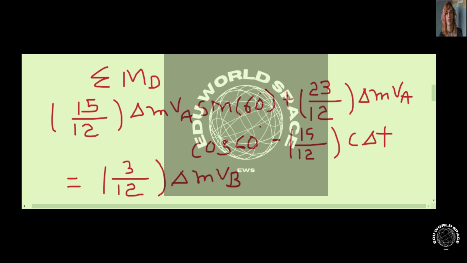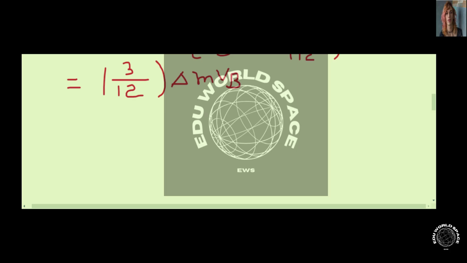Now by simplifying this equation, we finally get C is equal to minus 29.006 pound.